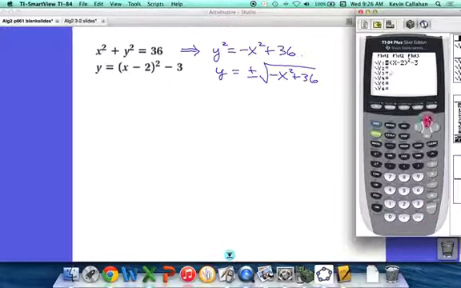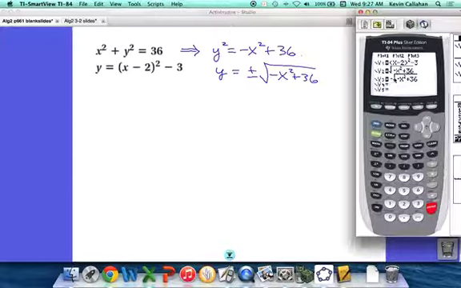And then I'm going to put in the square root of negative x squared plus 36. All right, get out of that, go down to the next line. And now we're going to put in negative the square root of negative x squared plus 36. That's the plus and the minus part of it.